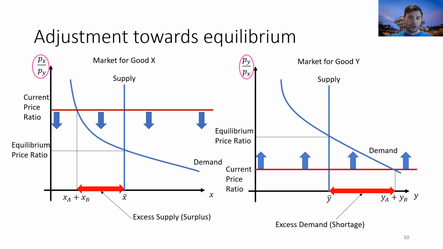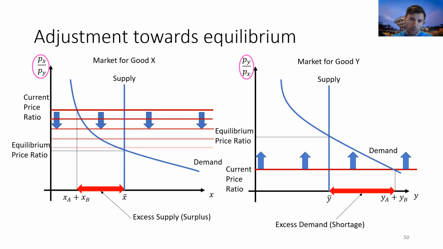In fact, if we were to lower the price in good X's market, what effect will that have at the same time in the market for good Y? Yeah, it's going to start to raise the price in the market for good Y. So we're going to see something kind of cool happen here: as we try to adjust the prices to bring those markets into equilibrium, there is actually a price ratio that will cause both of these markets to be in equilibrium at the same time.